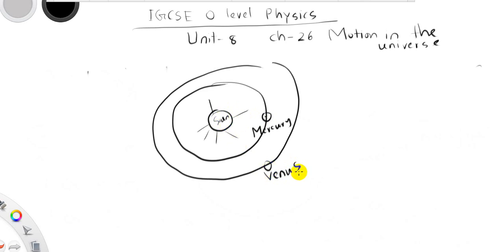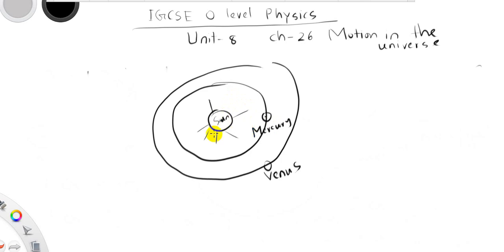That's why the orbital speed is also different, because the orbital speed depends on the gravitational attraction force between Sun and the planet, and also depends on the distance between Sun and the planet. Here the orbit for Mercury is closer than the orbit for Venus.